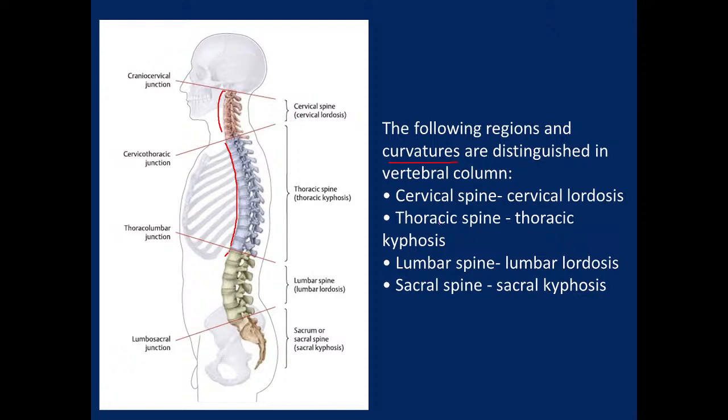This is the cervical spine and lumbar spine lordosis, here and here, when the curves are in the posterior position, and other curvatures in the sacrum section and in the thoracic region are called kyphosis. Kyphosis is the anterior curving of the vertebral column.